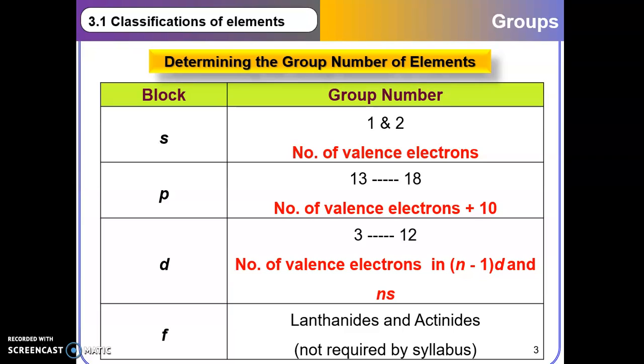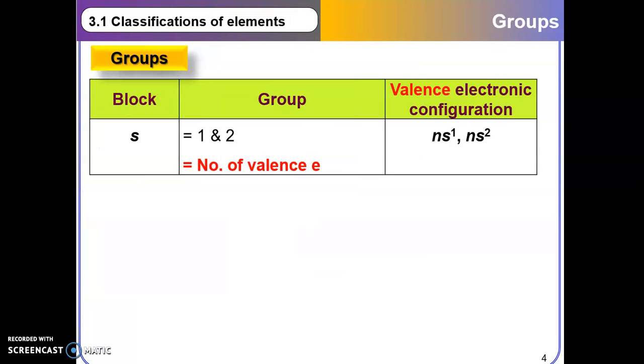If the element is in S block, the group number will be the number of valence electrons. For P block elements, the group number will be the number of valence electrons plus 10, and so on. Let's look at some examples.